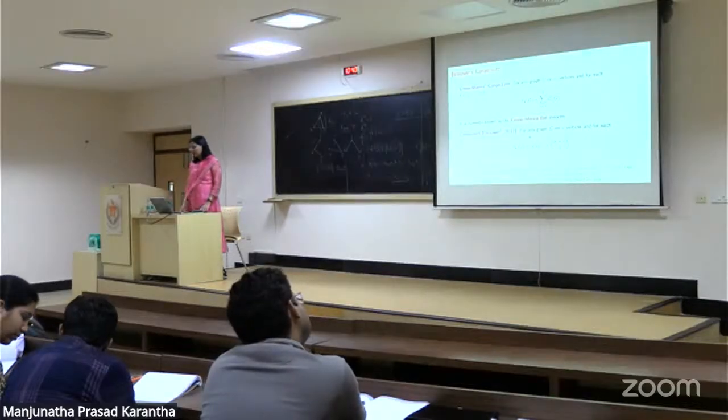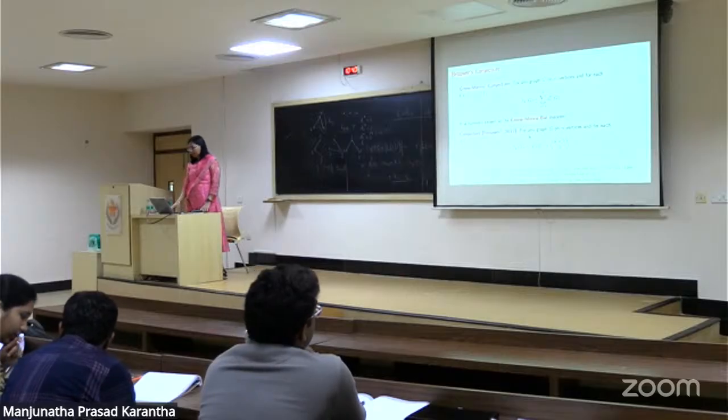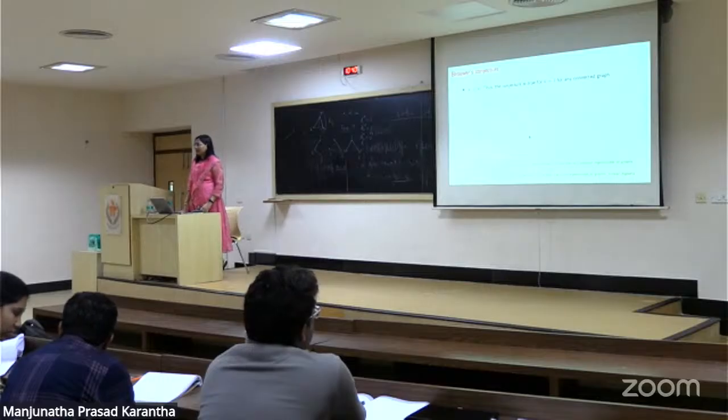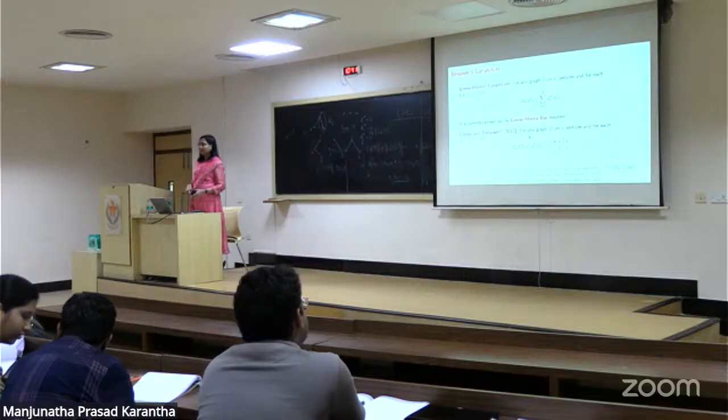And this conjecture is open. The developments are done in this way. If you see, lambda 1, the largest eigenvalue, is always less than or equal to n. And you want to prove that the sum of the k largest eigenvalues is less than or equal to the number of edges plus k plus 1 choose 2.